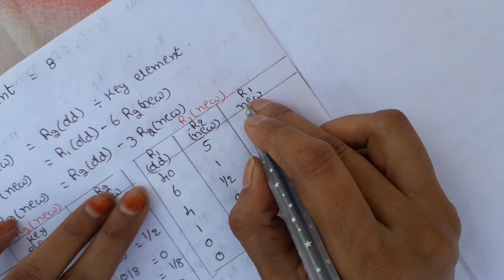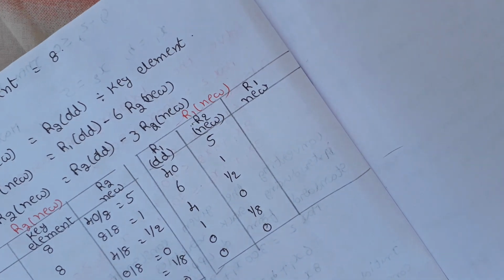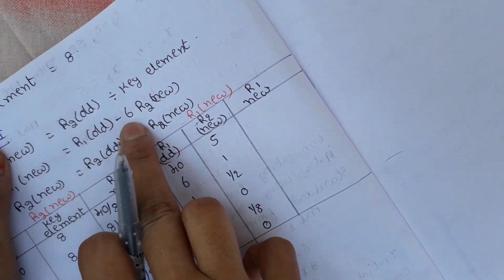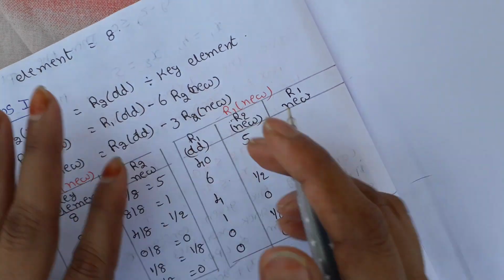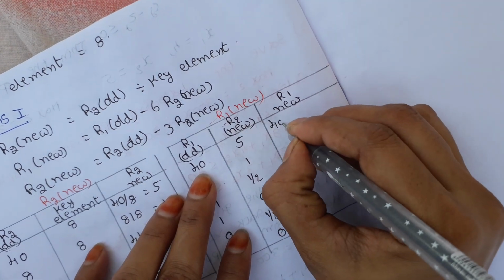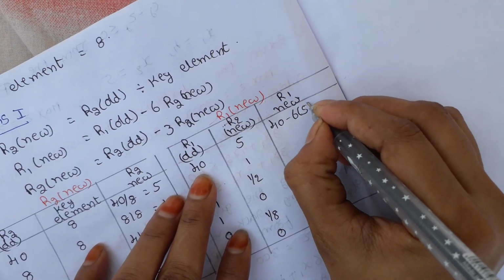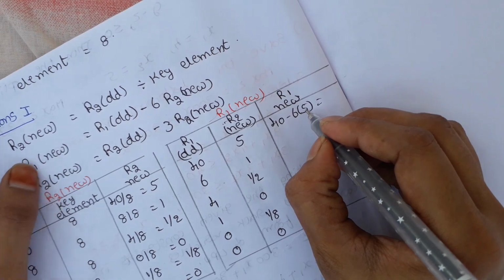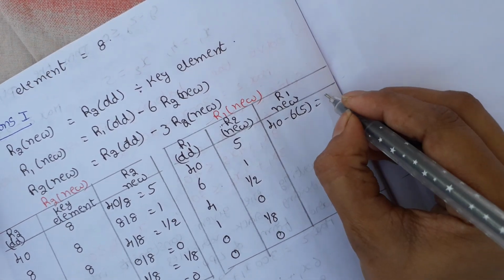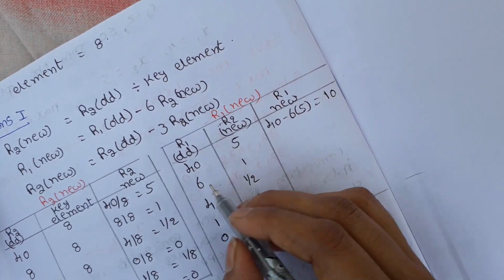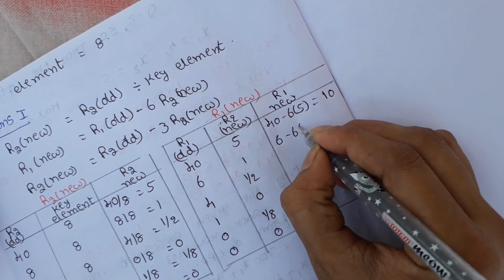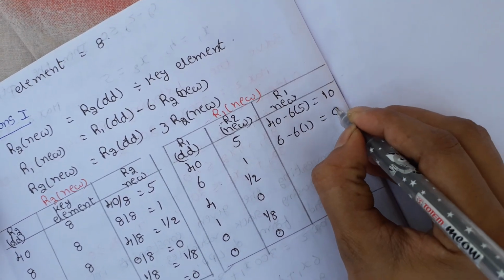Now R1 new, how will we calculate this? R1 old minus 6 into R2 new. So 40 minus 6 into 5. 6 fives are 30, and 40 minus 30 is 10. Next, 6 minus 6 into 1 equals 0.